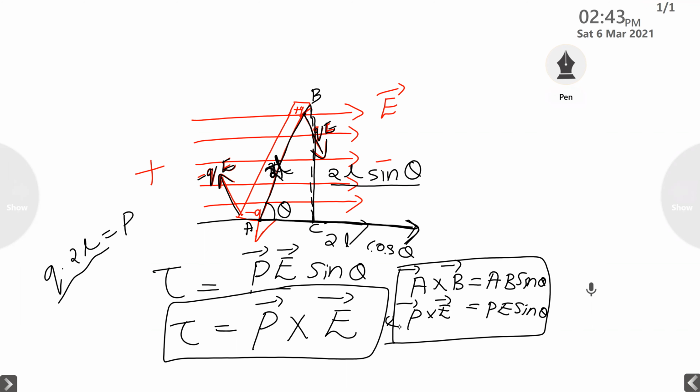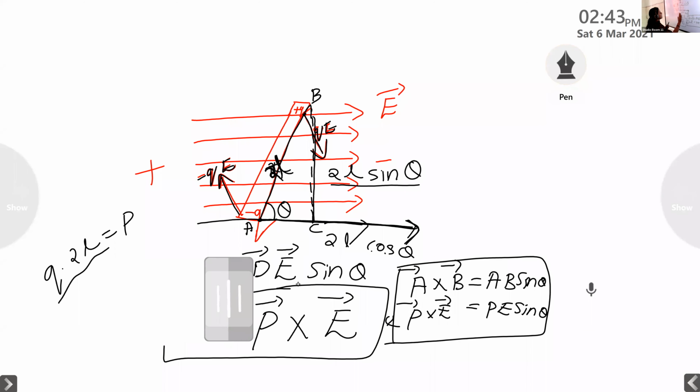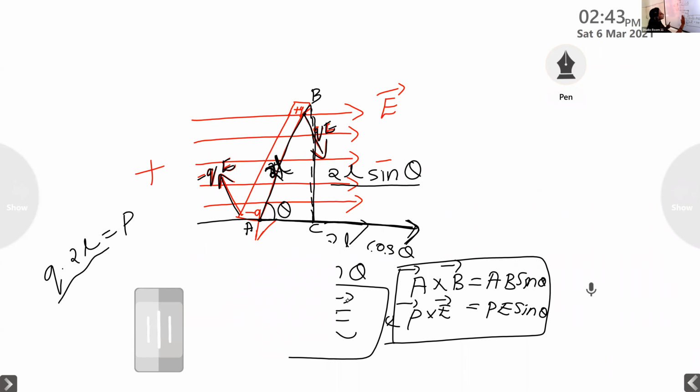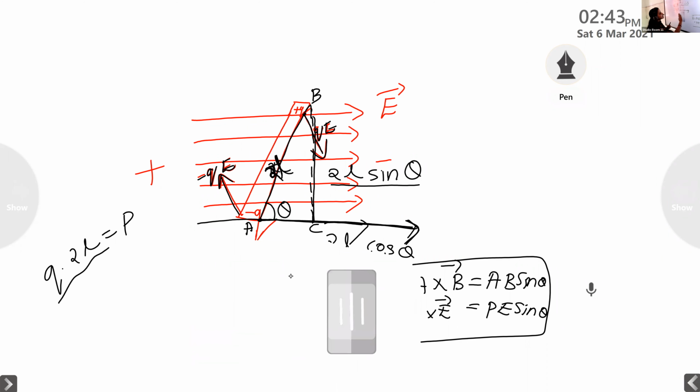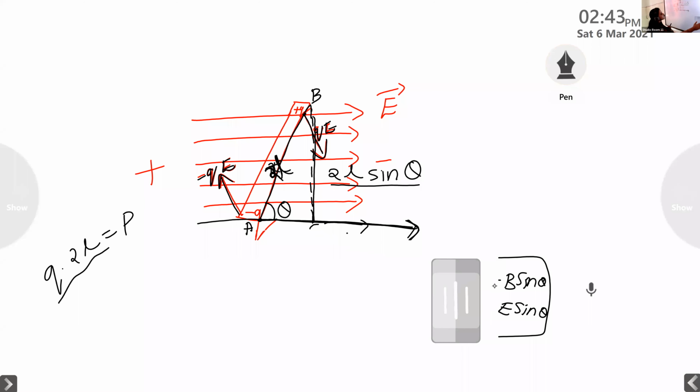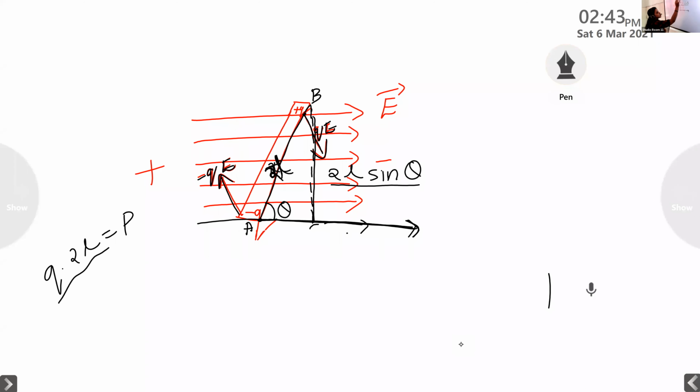After this, can you tell how we got QE? That is the force experienced by the charge plus Q. It is in an electric field, so we represent it as Q into E, QE.